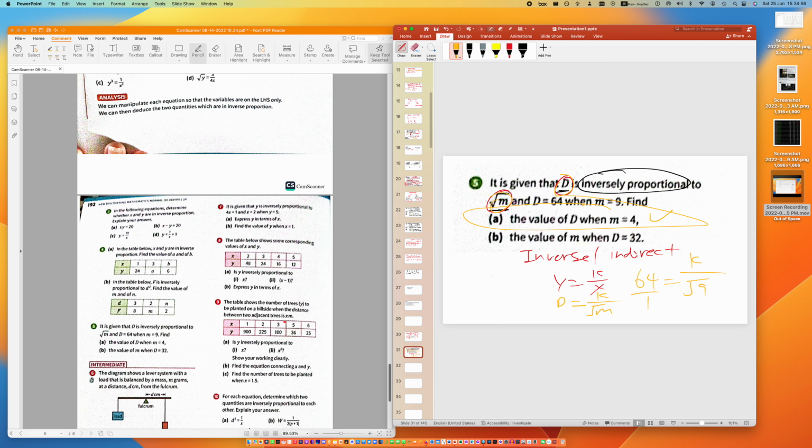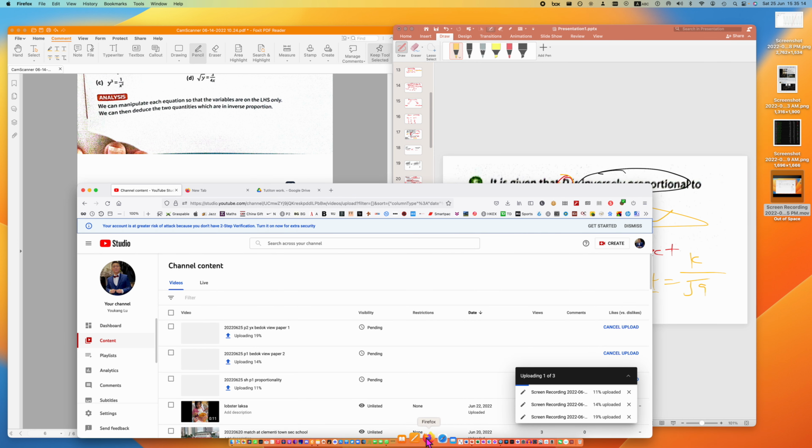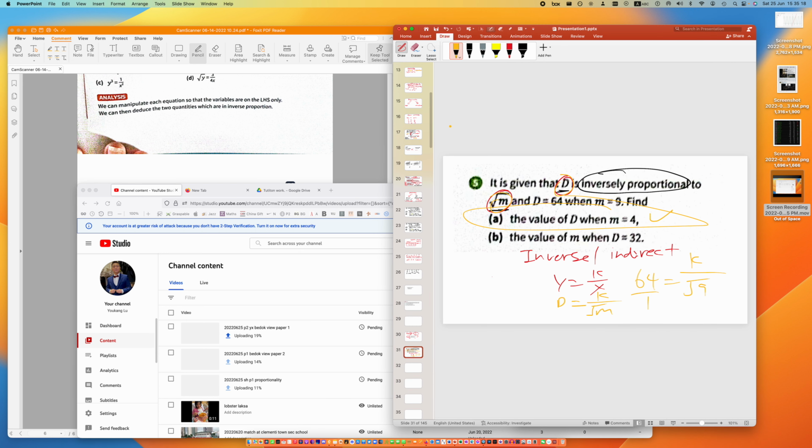Quick, calculator. Good. Continue. Part B: the value of m when d is 32.